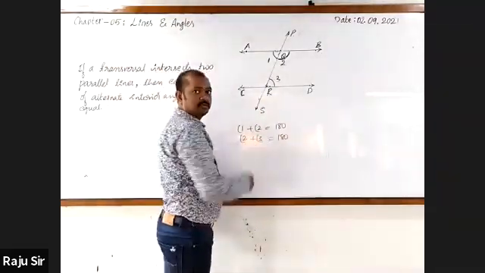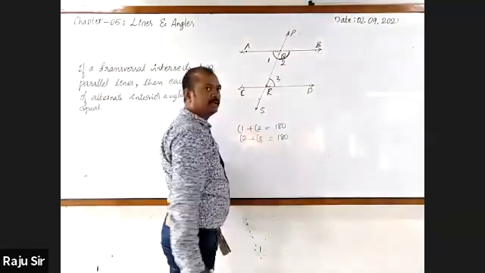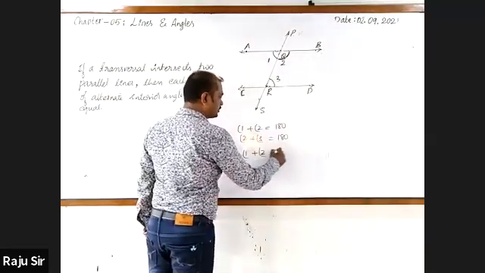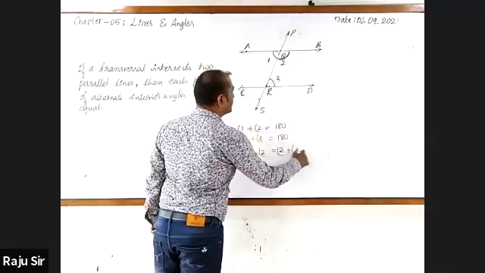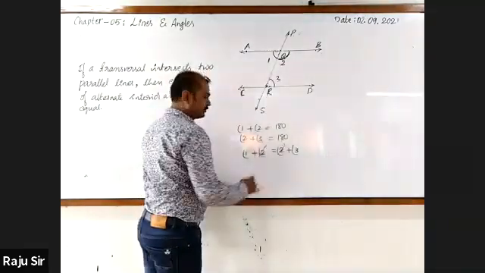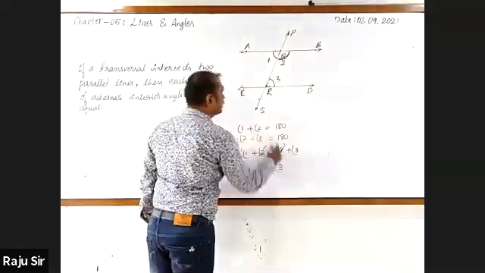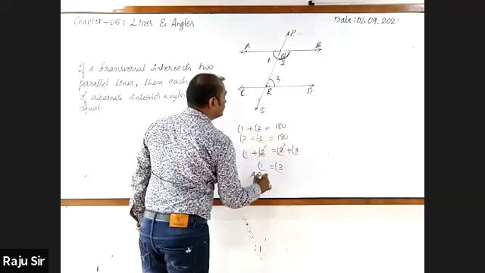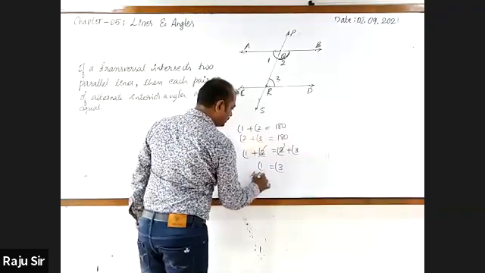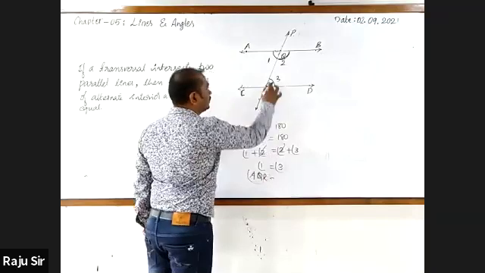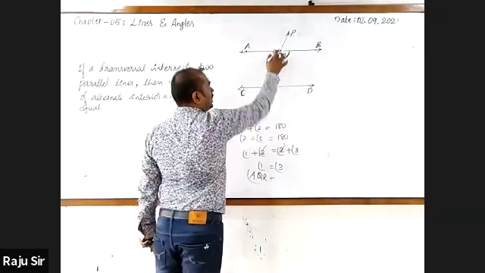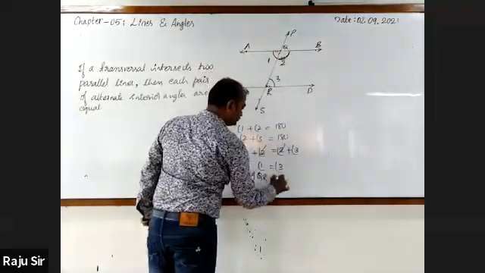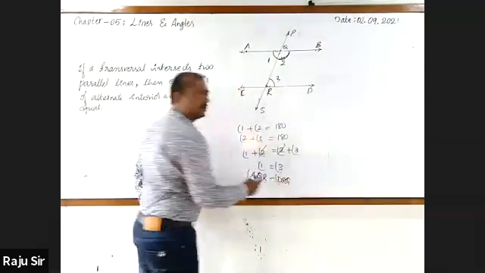Both sum to 180. By Euclid's axiom, 1 plus 2 equals 2 plus 3. Angle 1 equals angle 3. Therefore, angle AQR is equal to angle DRQ. That's all. This is the proof.